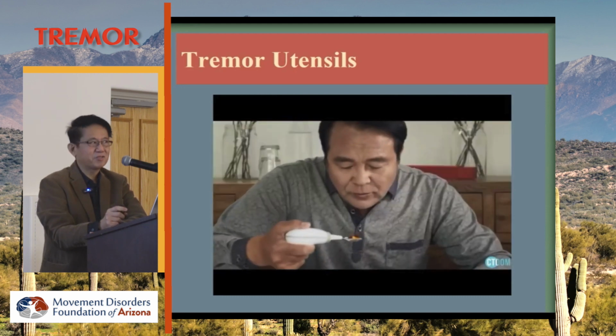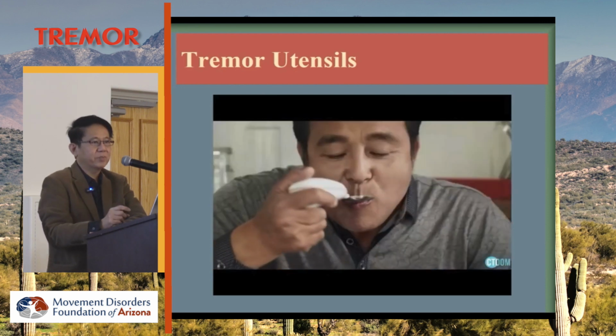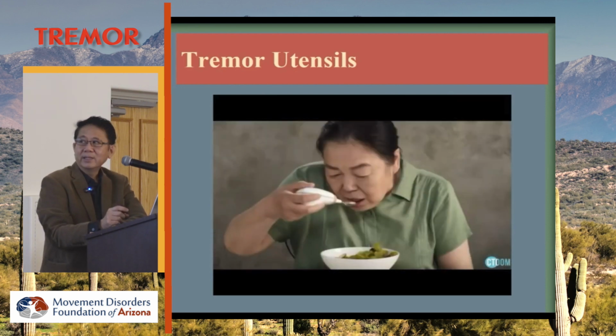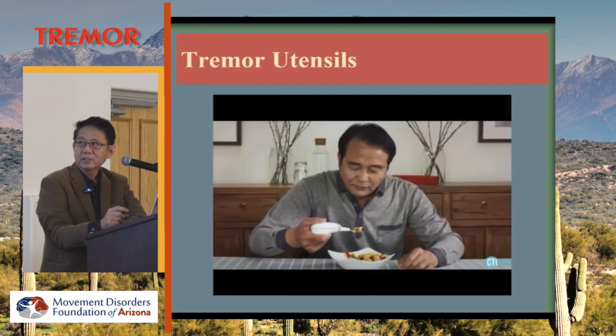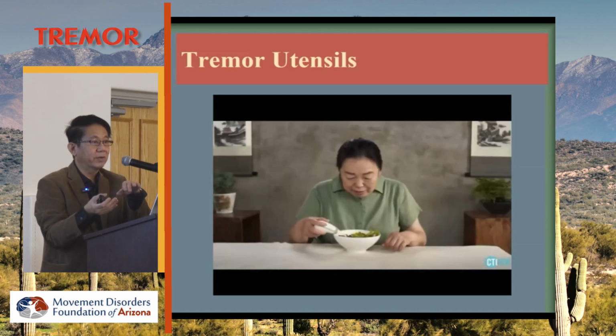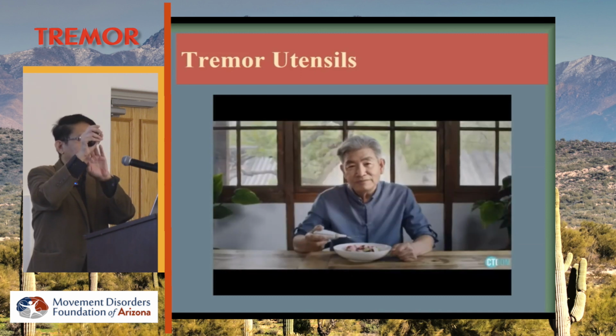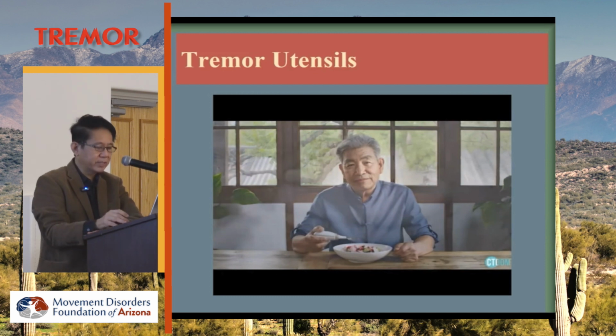It doesn't reduce the tremor, it just reduces the impact of the tremor. If you notice, the hand is still tremoring, but the distal part of that utensil, the spoon or the fork, shakes less. So it sends a counter force. If your hand is going up, it sends a counter force going down, and so the net effect is that the distal part of the utensil shakes less.